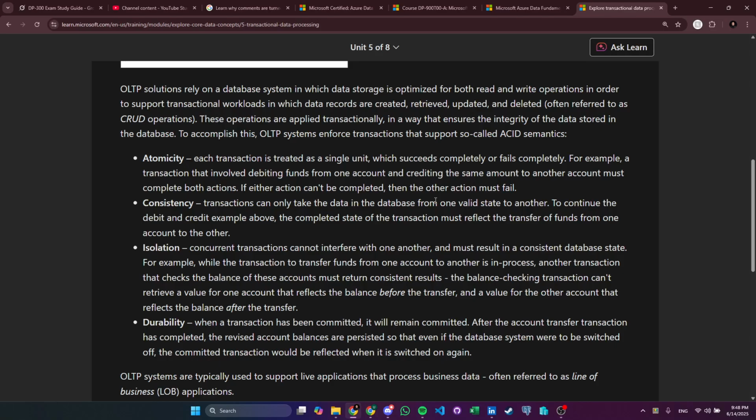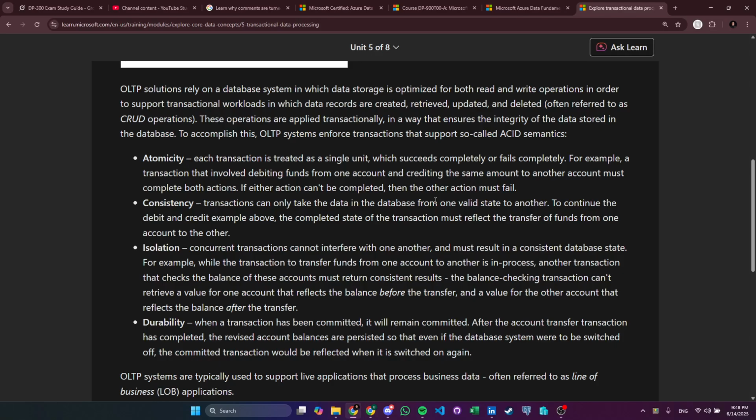Now, for the consistency, at the end of the transaction, we'll make sure that, as the example mentioned here, we wouldn't have an invalid state. Some of the valid states would be that the account wouldn't go into the negatives. That's one of the valid states.